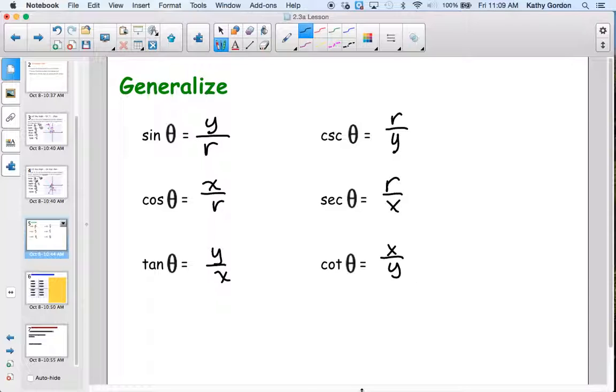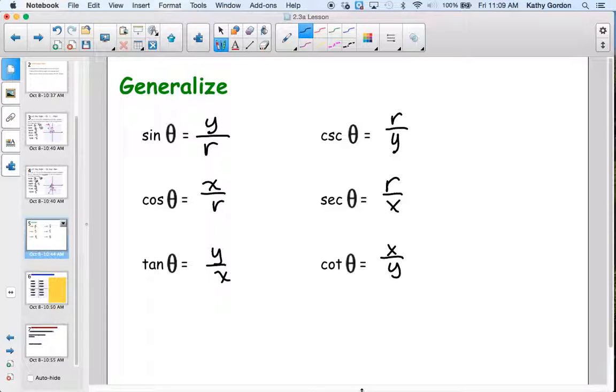So when you are given a problem where you are told that you have this point on the terminal side and you know what the ordered pair of that point is, the first thing you need to do is find the r. The r comes from Pythagorean theorem, which also comes from distance formula.